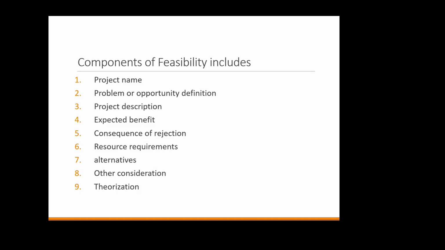Resource requirement focuses mainly on how much cost is needed for the project execution. And then, of course, you should provide alternatives. And as you already mentioned, should we consider public opinion? Of course, you should. So public opinion will always come in the same part.